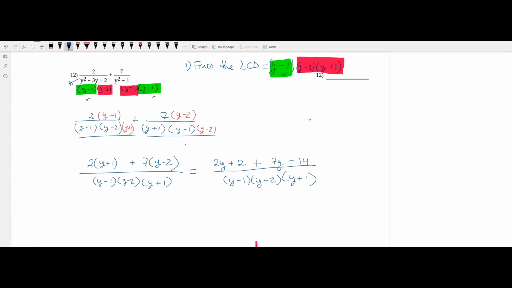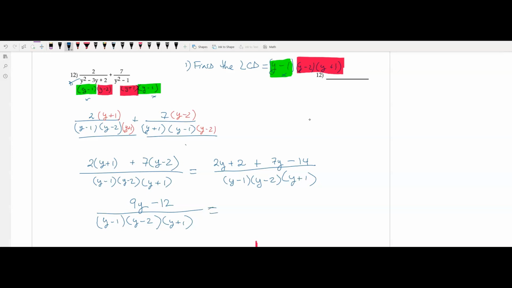Okay? Let's combine like terms. 2y plus 7y is 9y. And plus 2 minus 14 is negative 12. So it's negative 12 over, again, y minus 1, y minus 2, y plus 1. Okay? And that's it. I mean, you could factor 9y minus 12 if you wanted to, but it's not going to go further.